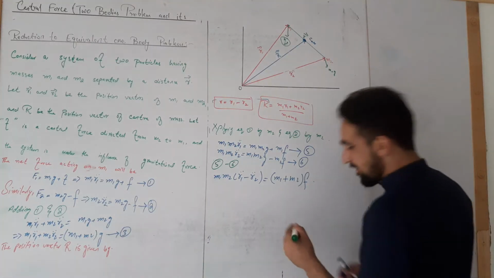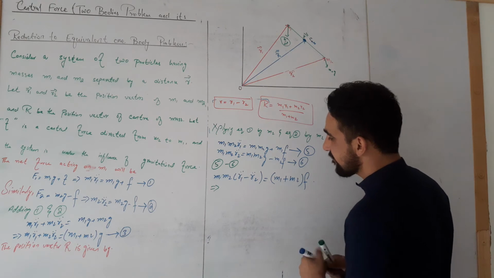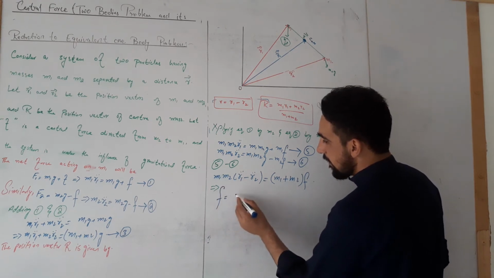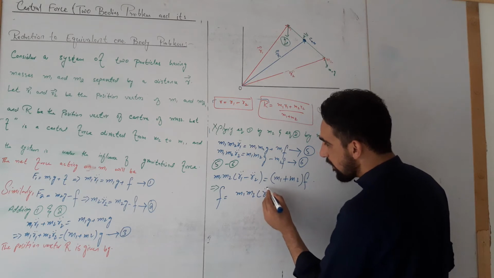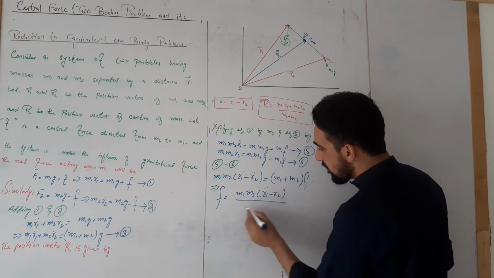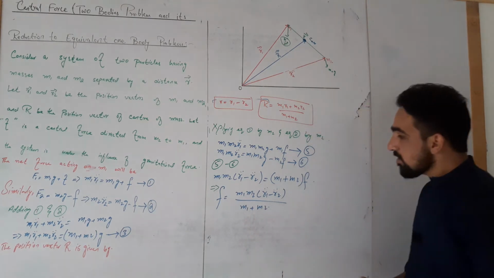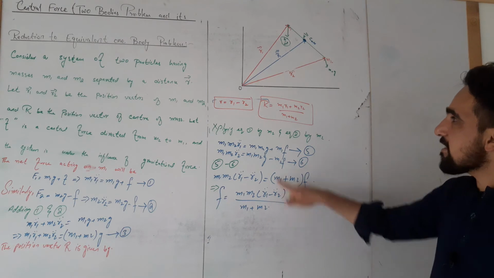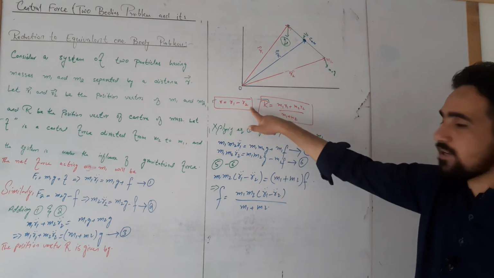This implies that the central force F is m1 m2 (r1 double dot minus r2 double dot) divided by m1 plus m2. So this r1 minus r2 is the position between r1 and r2.